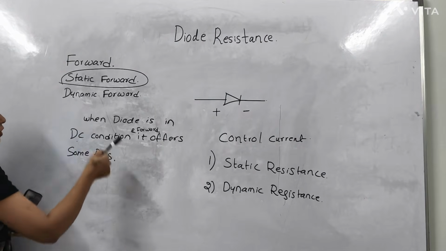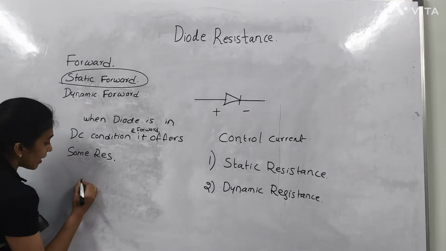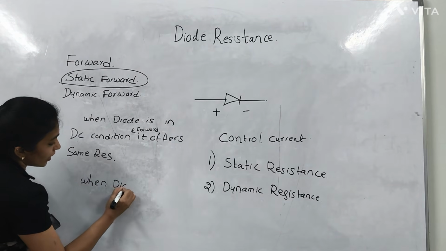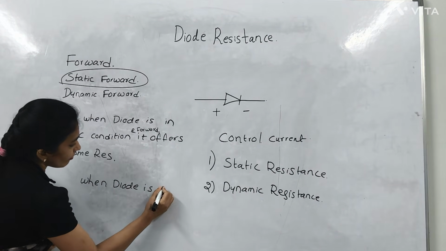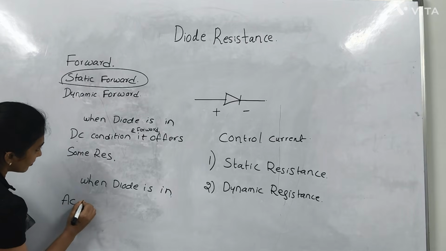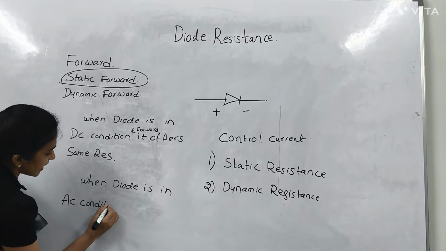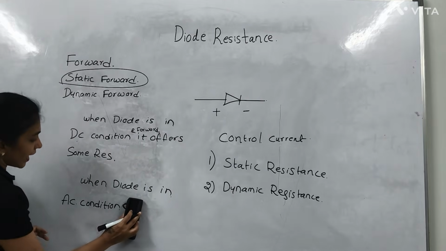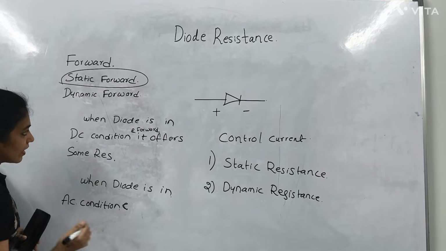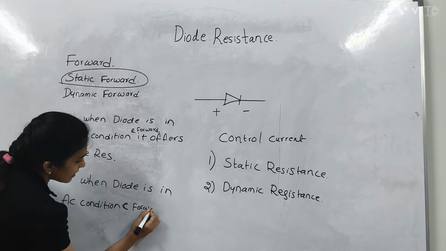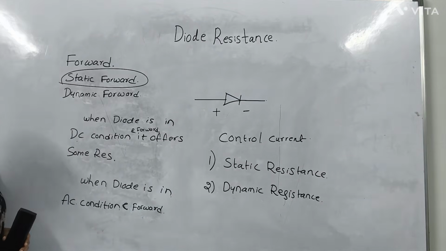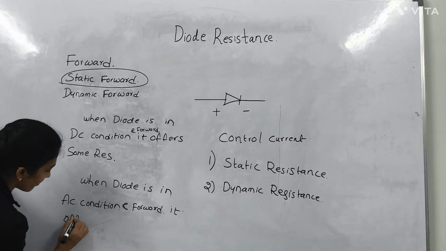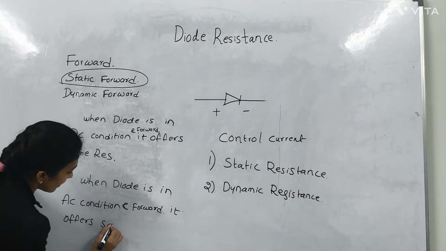Now coming to dynamic forward resistance. What is meant by dynamic forward resistance? When the diode is in AC condition as well as forward bias condition, it offers some resistance.